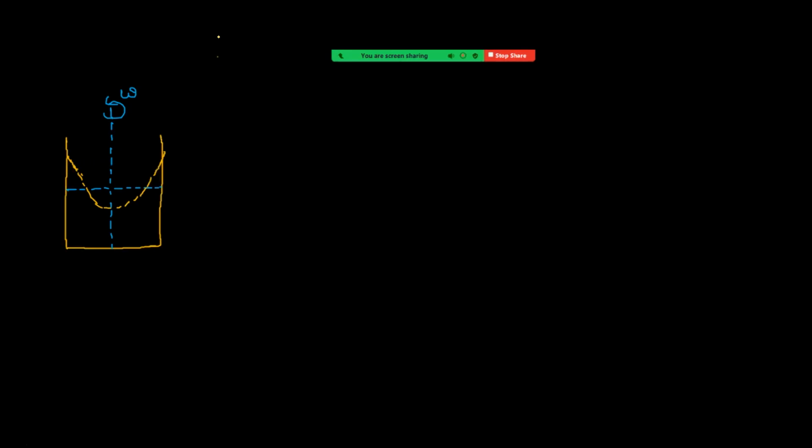So if you imagine a parabola, suppose this is the y-axis. If you rotate this parabola, we get one shape. A parabola traces one shape, and that is known as a paraboloid. I'm writing here, that shape is a paraboloid. So the shape of the free surface will be a paraboloid.